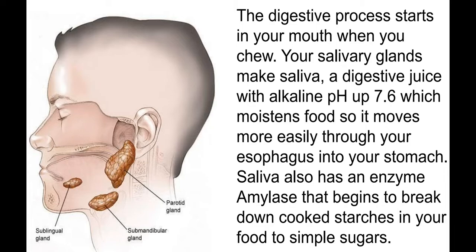We have three pairs of salivary glands, and they produce a lot of saliva. Saliva also has the enzyme amylase that begins to break down cooked starches in your food to simple sugars.